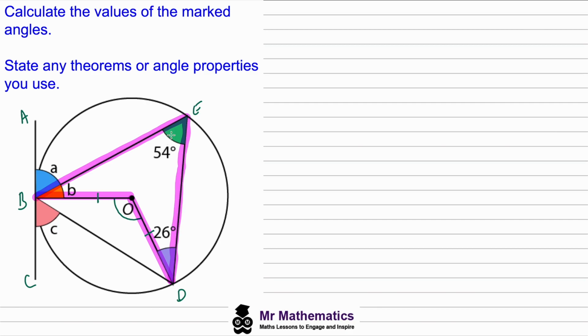So if we write then that BOD is equal to 108 degrees, the angle property we've used is the angle at the center is double the angle at the circumference. So we'll mark this on our diagram. This is 108 degrees.